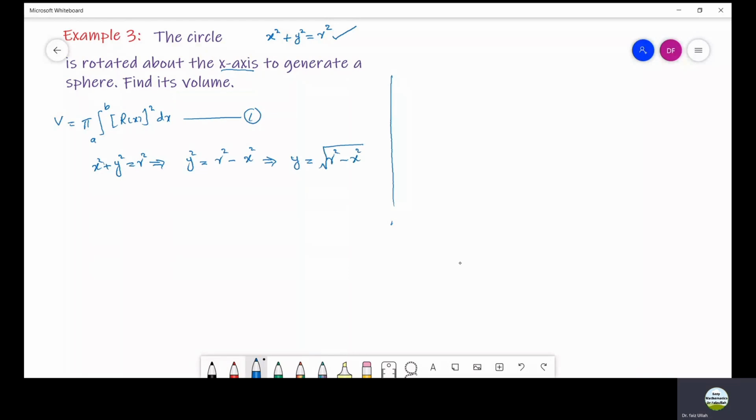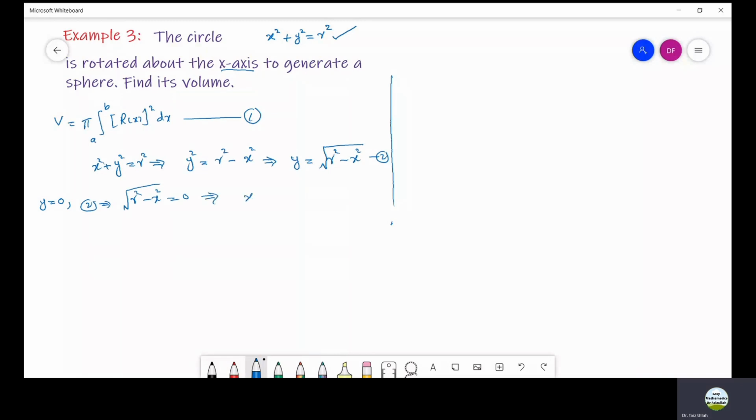So now the next thing which we need are the points a and b. So when the circle touches the x-axis, here y must be 0 on the x-axis. So putting y is equal to 0 in equation number 2, we get r square minus x square under the root is equal to 0.